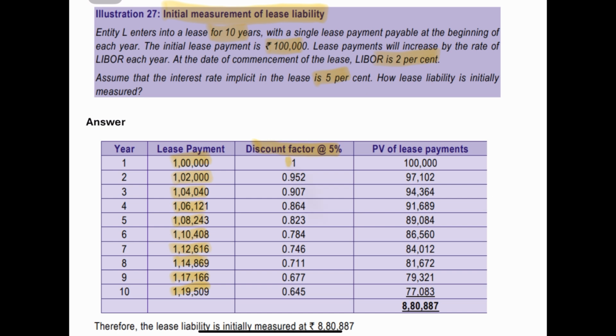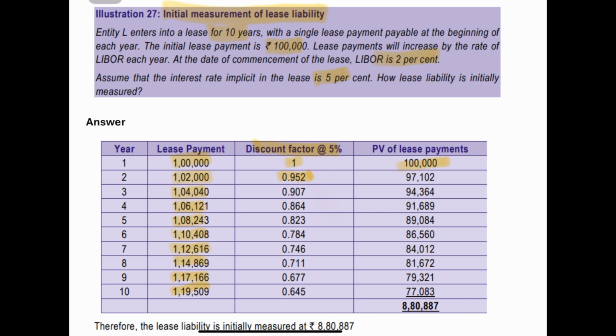Okay, so for year 1 generally the factor is 1. So 100,000 into 1 is 100,000. So the present value of the first year lease payment is 100,000. And for the second year, 1,02,000 is the lease payment, but the present value should be calculated at the rate of 0.952. This 0.952 is basically 1 by 1.05.